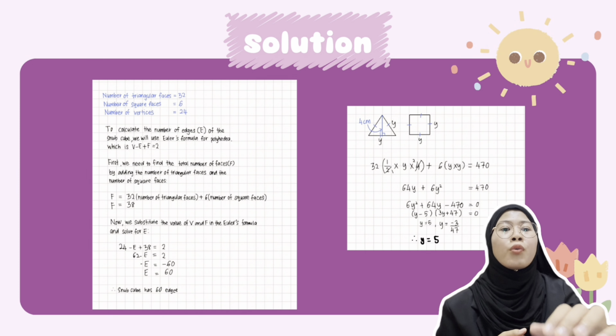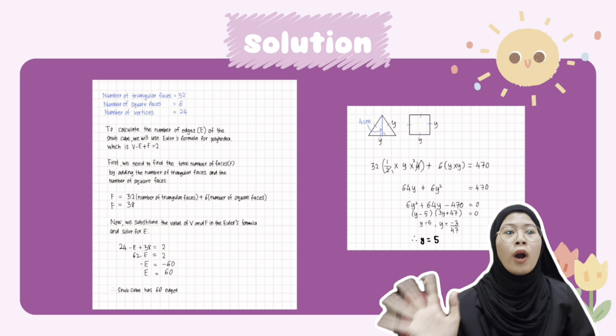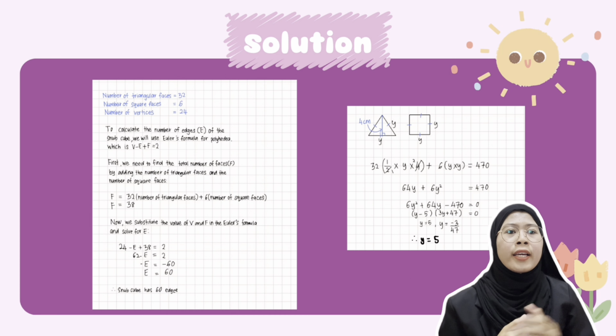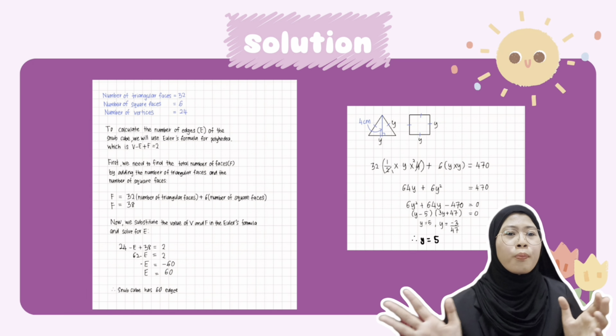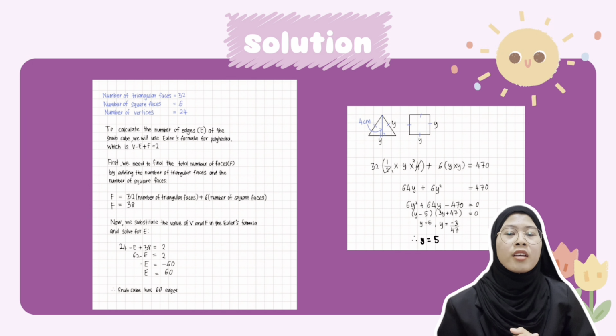So we get y equal to 5 and y equal to negative 47 over 3. Based on this, we know that y equal to negative 47 over 3 is not valid. So we get the answer, which is y equal to 5.